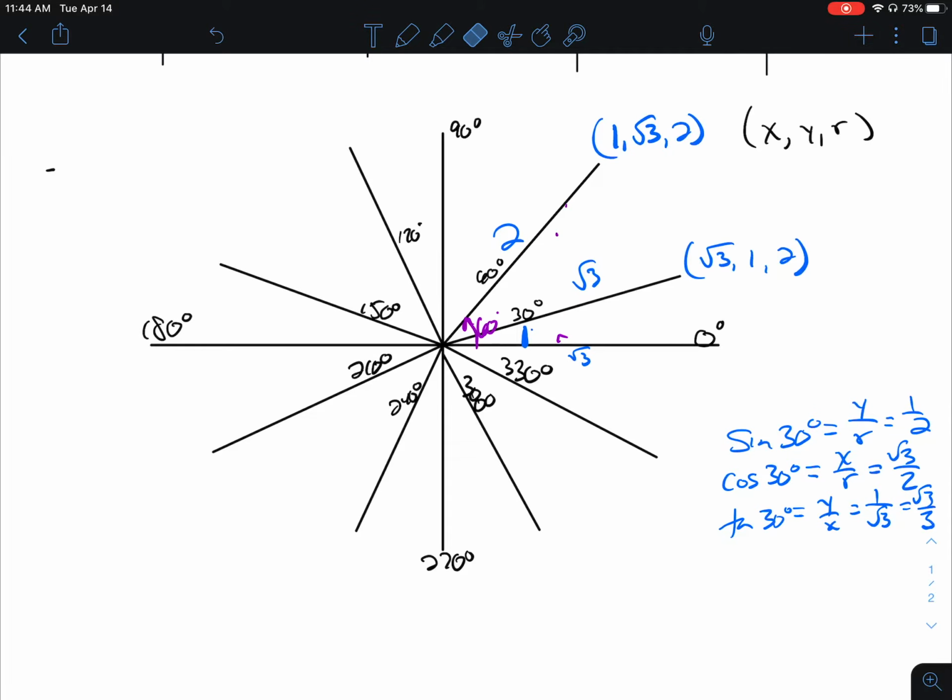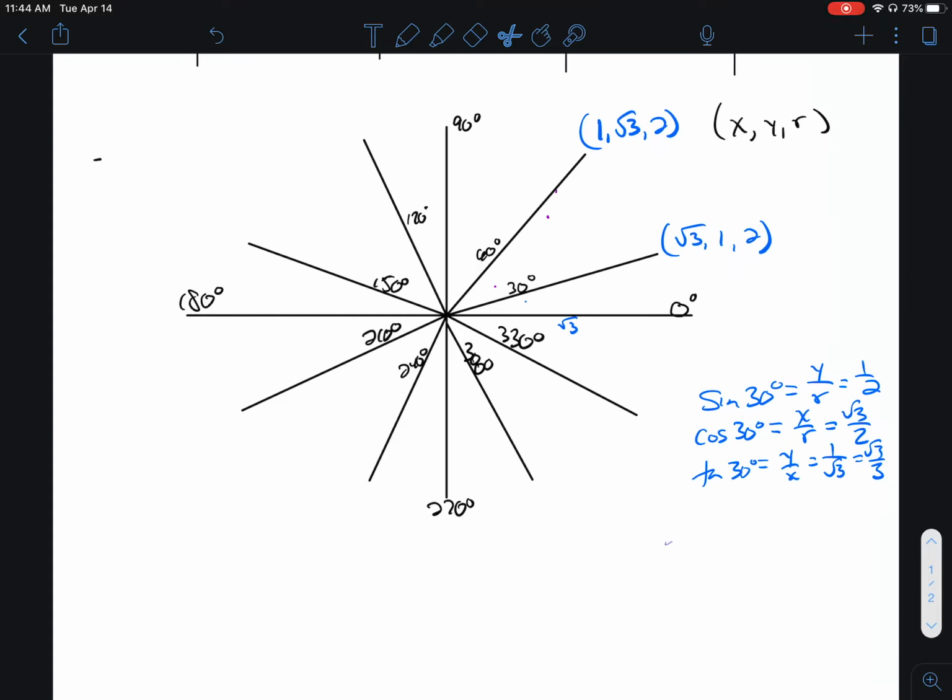So how is that valuable? Well, if I asked you, what is sine of 60 degrees? You would say that it's y over r, so that's square root of 3 over 2. What is cosine of 60 degrees? That's x over r, so that's 1 over 2, which is a half.